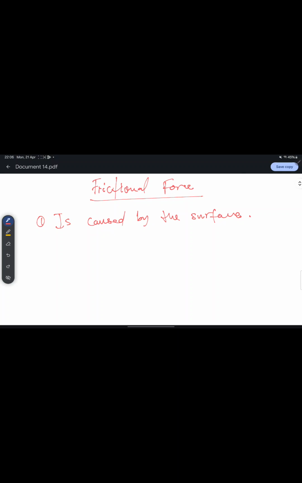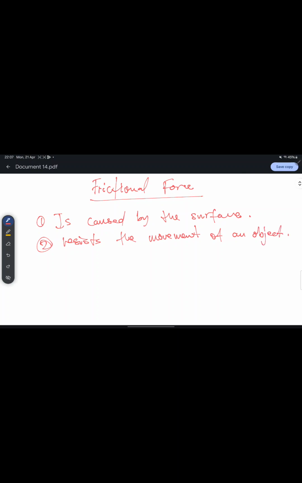All right. Number two, you have to know that friction force resists the movement of an object, which means it prevents it from moving, or it makes it move more slowly. So it resists the movement of an object.